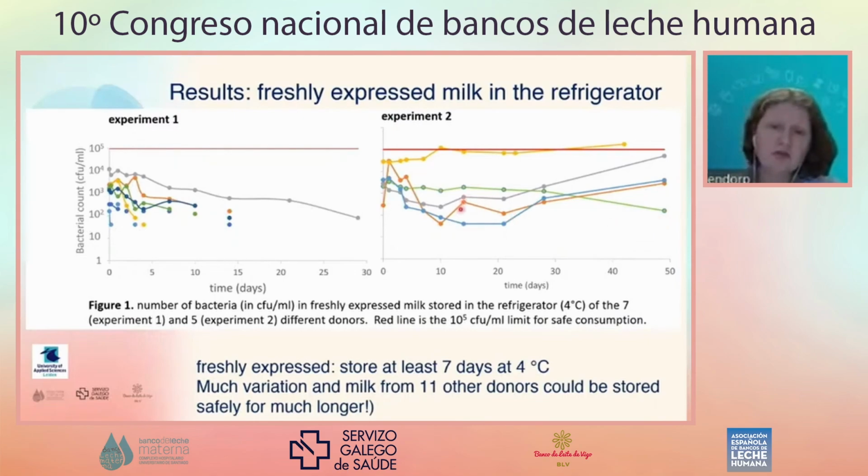So if you have to say something about guidelines, because there's one mother crossing the line somewhere between 4 and 7 days, or somewhere between 7 and 10 days, you could say that 7 days in the refrigerator is safe, which is also the current guideline. But many other mothers would be able to store their milk much longer.